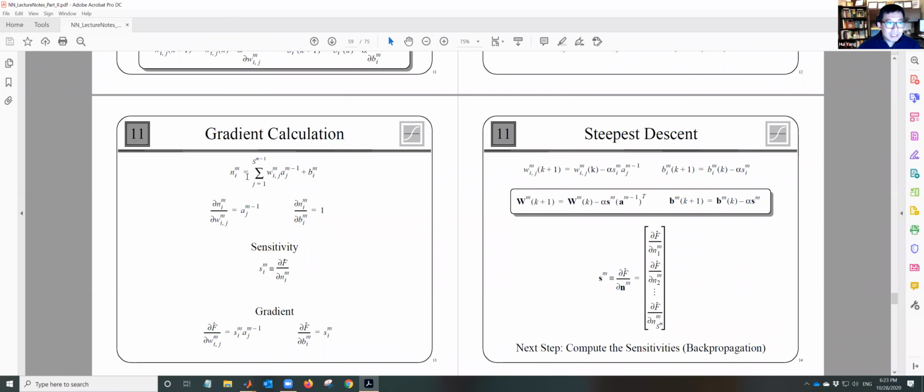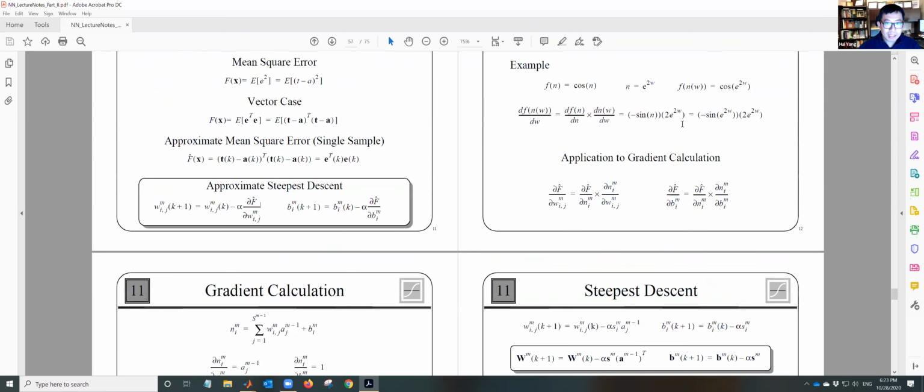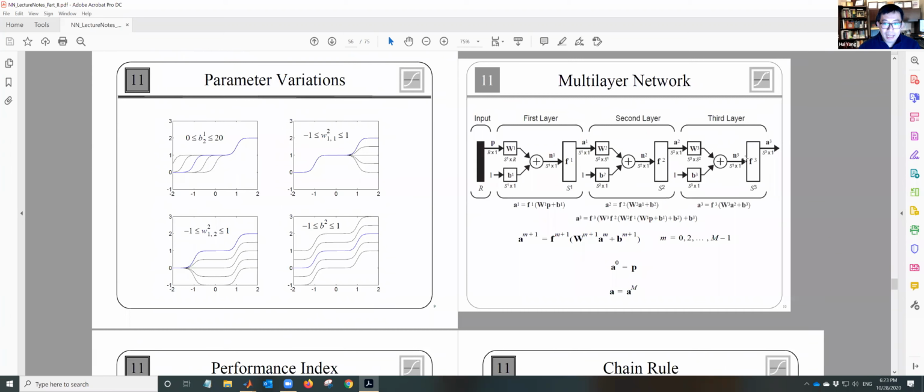For example, this n in the m-th layer equals the sum over j equals 1 to S^(m-1), basically how many inputs you have. How many inputs is actually S2, right? Because the input to the third layer is the output of the second layer.